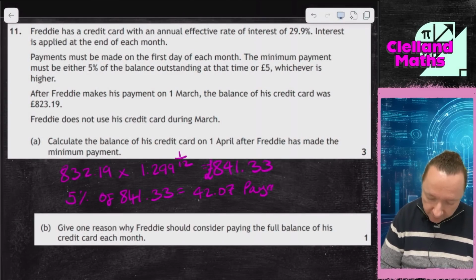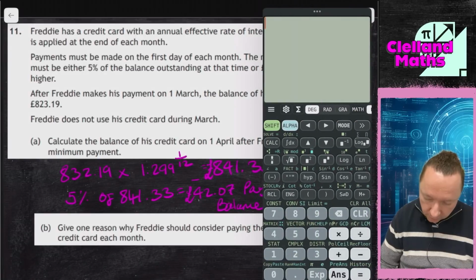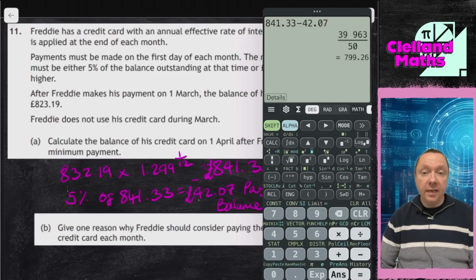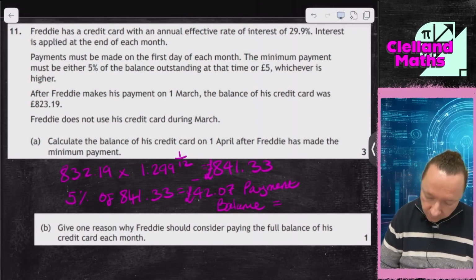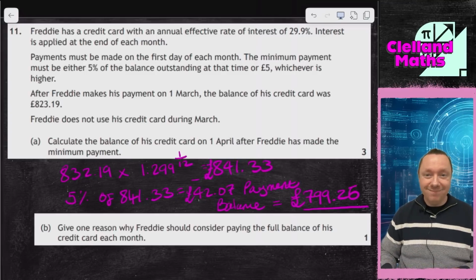So that's his payment then. Take that away to get the balance. £841.33 minus 42.07 is £799.26. And obviously I've picked 42.07 because it's way bigger than £5, and we're done there.